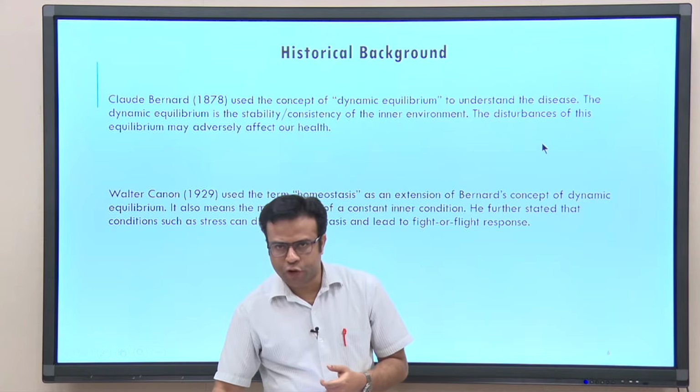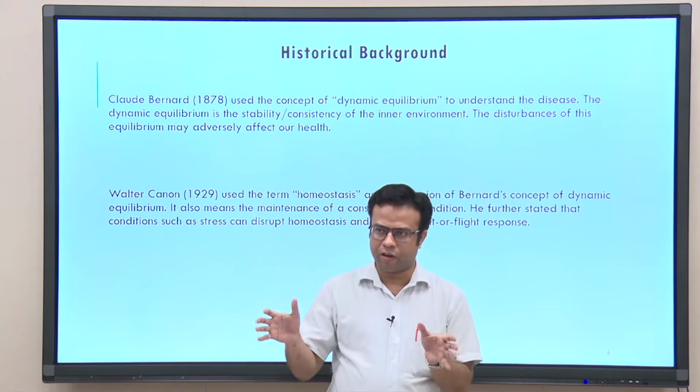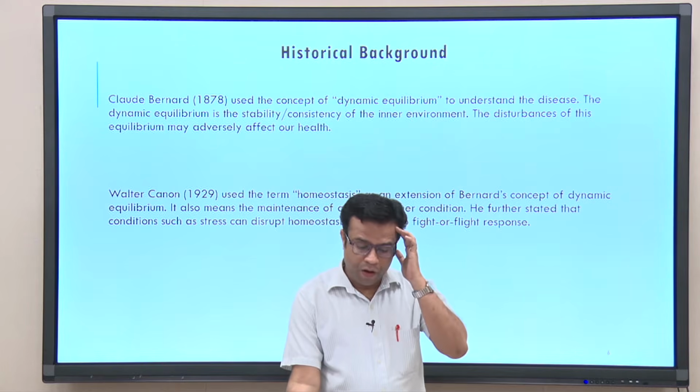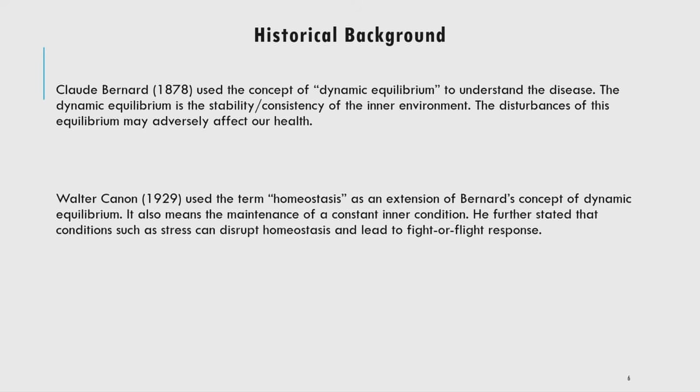Now, if you look at the historical background of psychosomatic diseases, there are some important landmarks we can discuss. So, Claude Bernard in 1878 used the term dynamic equilibrium to understand diseases. Basically he says dynamic equilibrium is the stability or consistency of the inner environment.